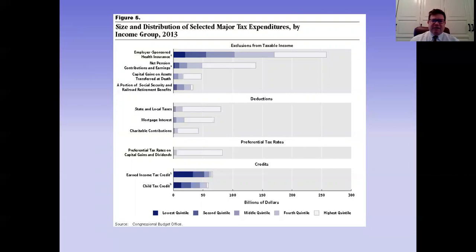And just skipping down, state and local taxes, the more you make, the more you pay. So it's obvious that the deduction would be better off for people that make a lot of money. Mortgages, the mortgage interest deduction. Obviously, the more wealthy you are, the more likely you are to have a house. And the more wealthy you are, the more likely it is that your house is going to be more expensive, so you have more money to deduct.